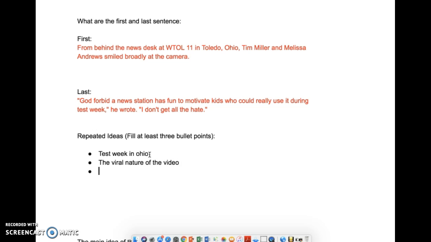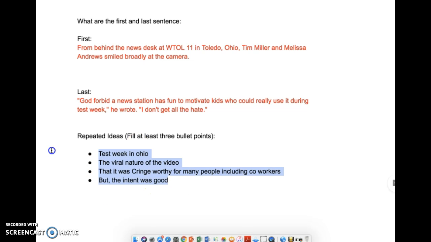And then third, that it was cringeworthy for many people, including coworkers. But, we'll say, the intent was good. Turn that red.